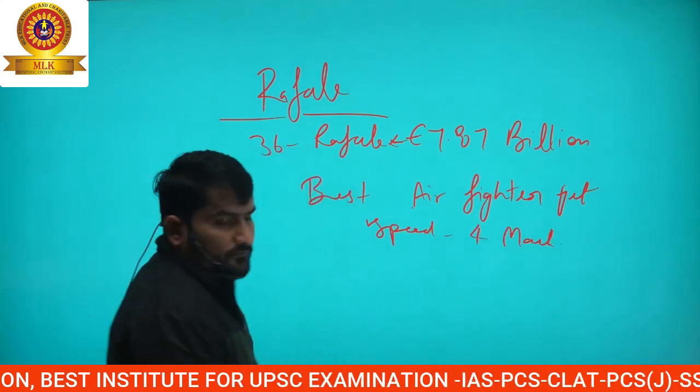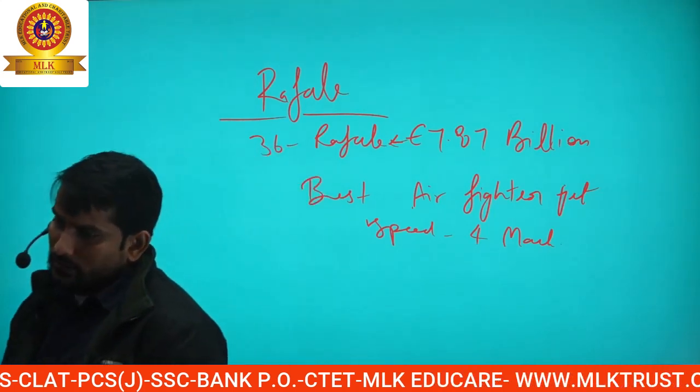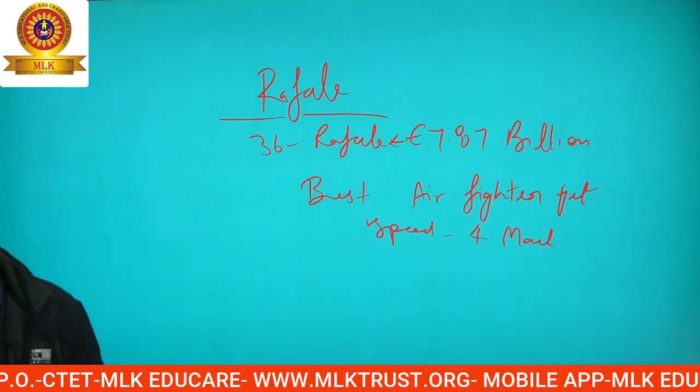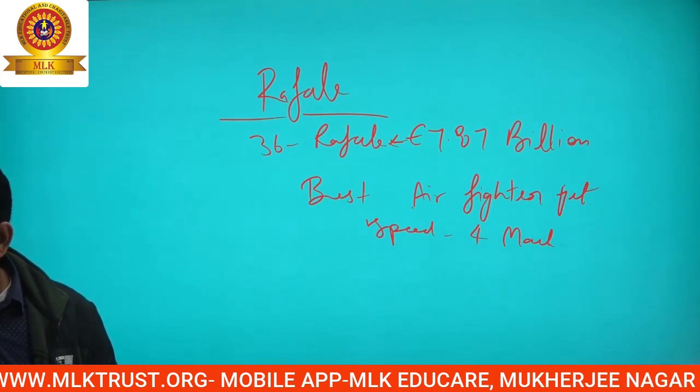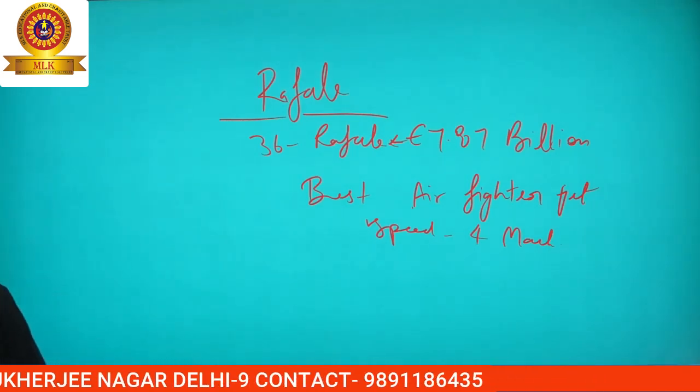That means this is 4 times more than the speed of sound. Clear? And this is the world's best aircraft for combat, and also has the fire and forget missile.